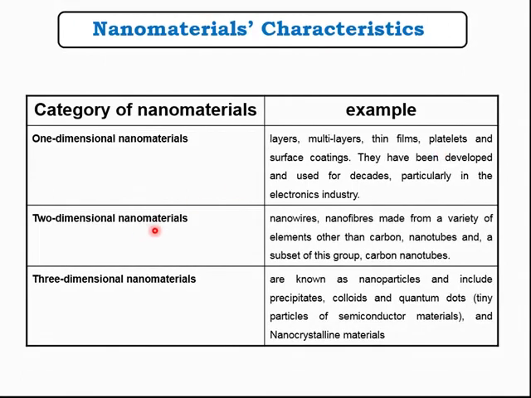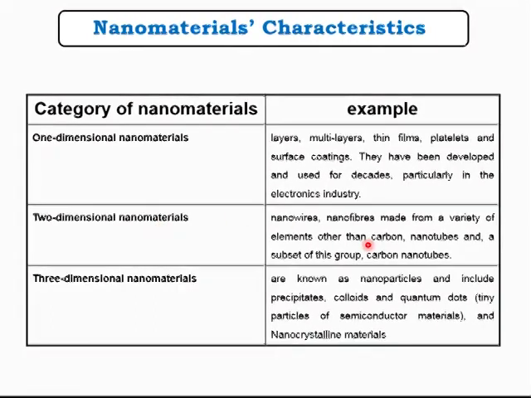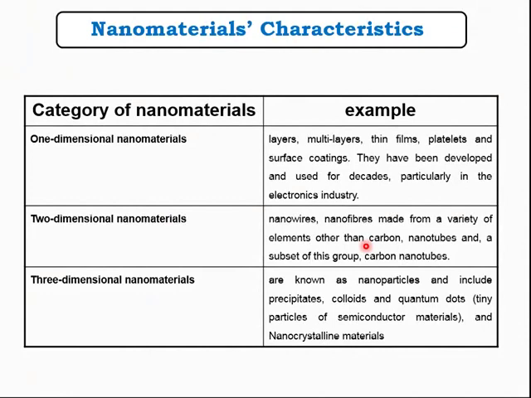The two-dimensional nanomaterials are characterized by having two dimensions beyond the nanoscale. These materials, including graphene, nanofilms, and nanocoatings, are essentially ultra-thin layers where the electrons are free to move along the plane but are confined in the perpendicular direction. This results in exceptional surface area, electrical conductivity, and strength.